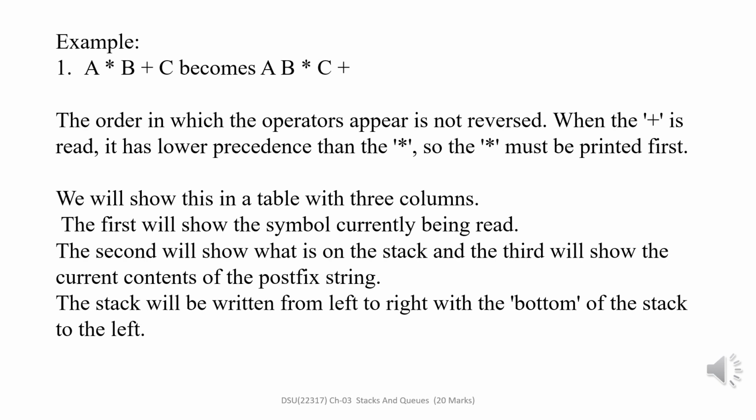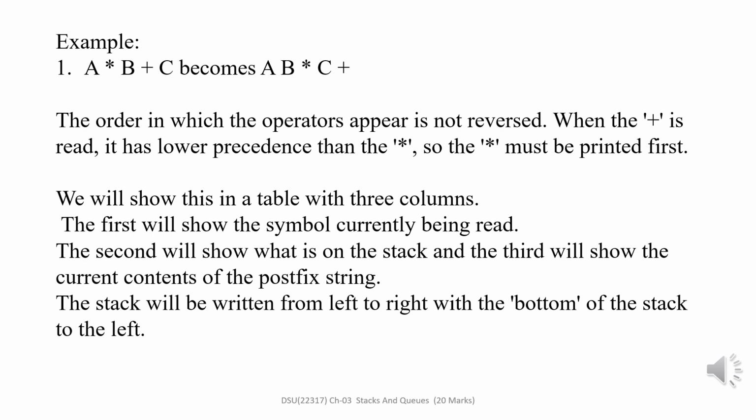We will show this in a table with 3 columns. The first will show the symbols currently being read, the second will show what is on the stack, and the third will show the current contents of the postfix string. The stack will be written from left to right with the bottom of the stack to the left.